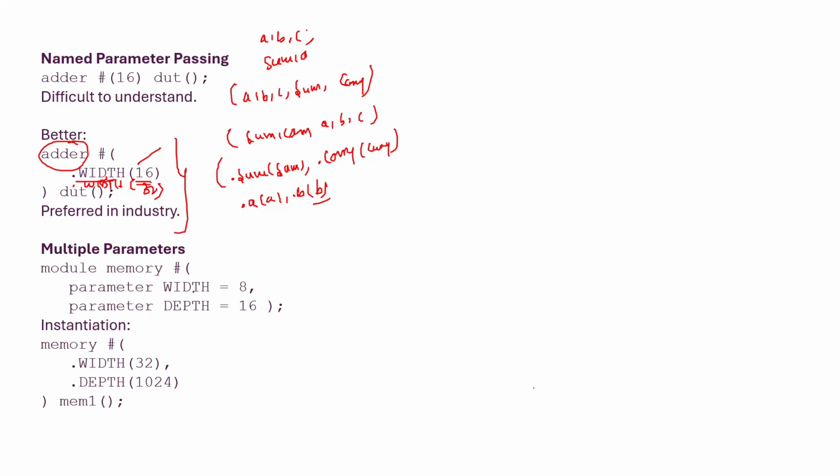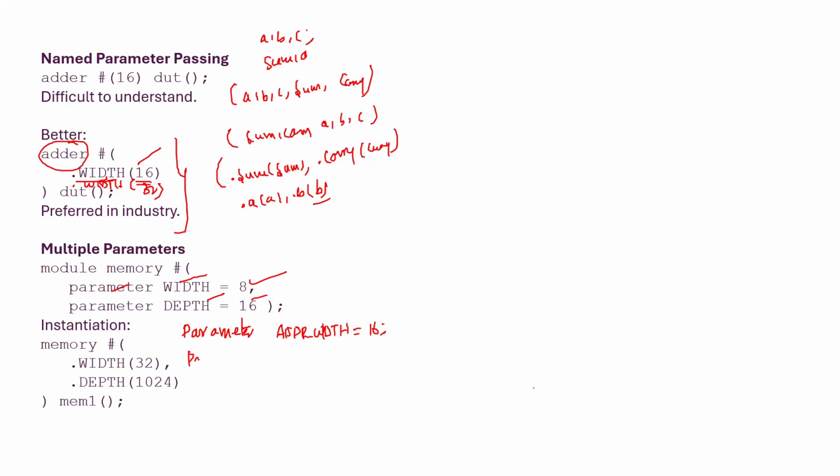Suppose multiple parameters are there. Parameter width, and width is 8. Similarly parameter depth, depth is 16. Suppose you have another parameter like parameter address width, because data width is different and address width is different. Address width is 16.